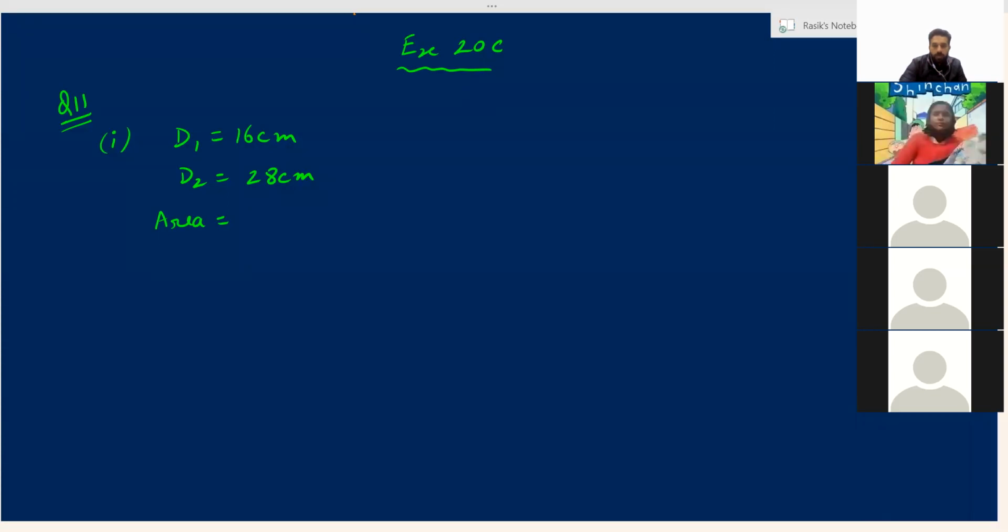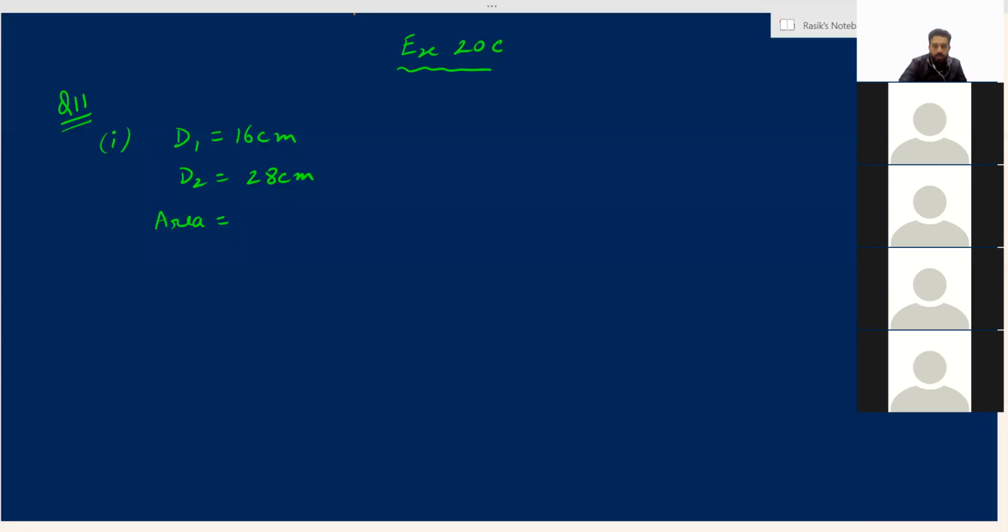But which formula can we use here? We know the diagonals, so we will use the second formula, half into d1 into d2, that is, half into product of diagonals. Are you all getting the point? Yes, sir.